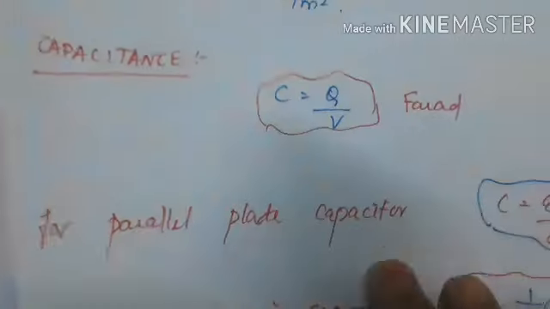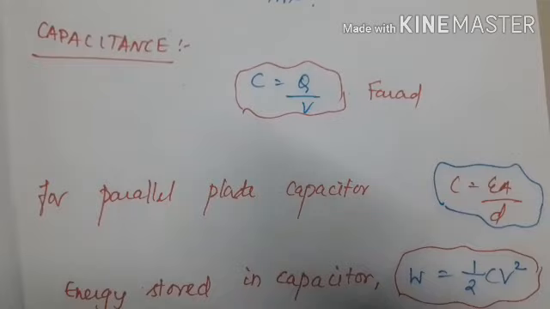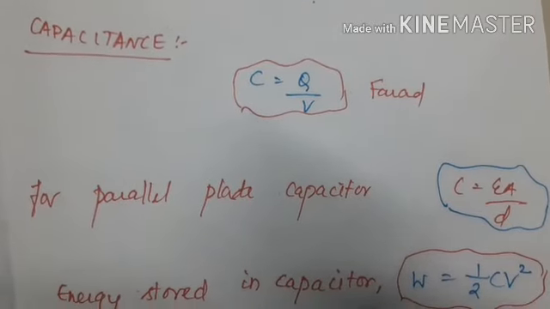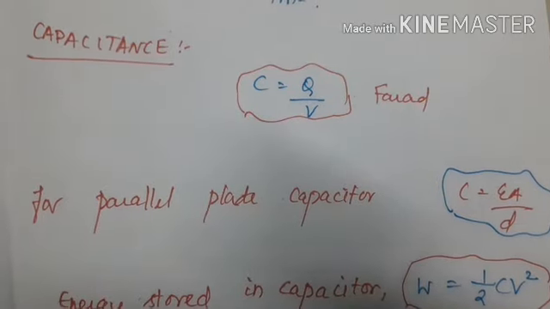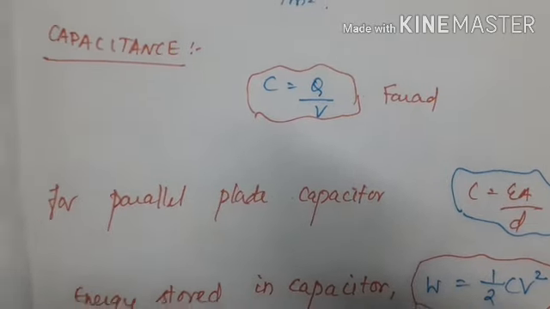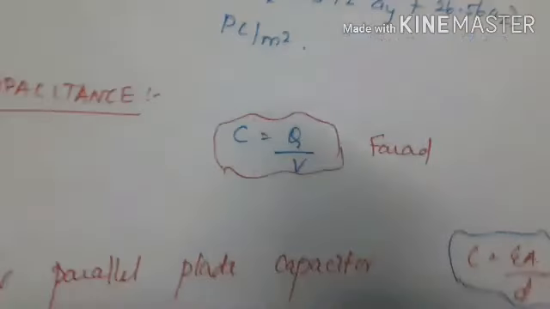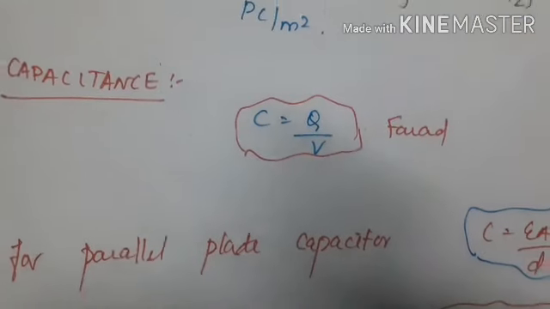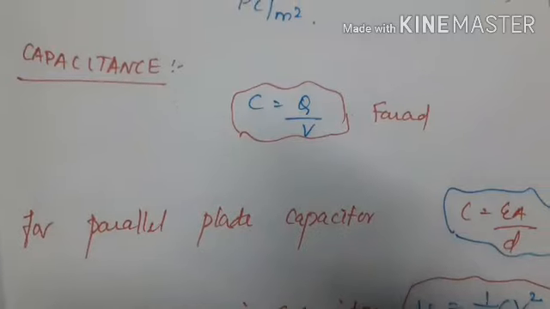Now our next very important topic is capacitance. Generally, we calculate the capacitance in many forms. So, C is equal to Q by V, that is the ratio of the absolute value of charge to the absolute value of potential difference.